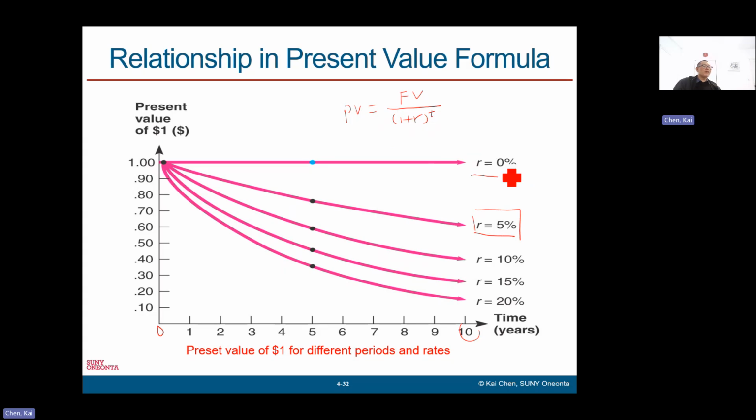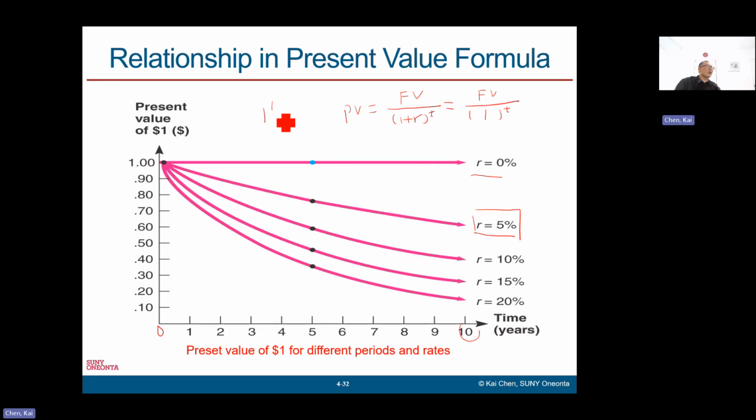Now we know if r equals 0, then we have future value divided by (1 + 0) raised to the power of t. 1 plus 0 is 1, right? Then the denominator is 1 raised to the power of t. So what is the value?